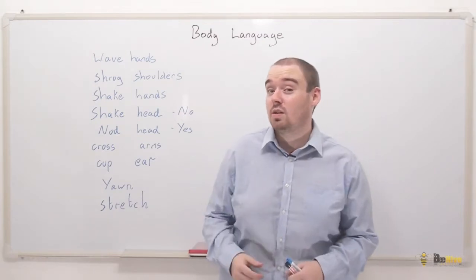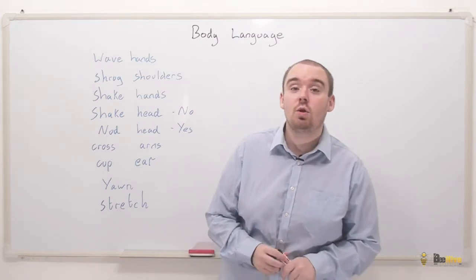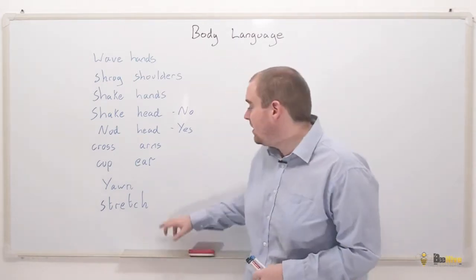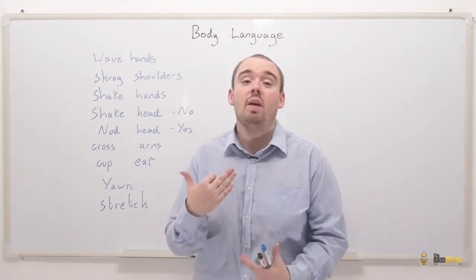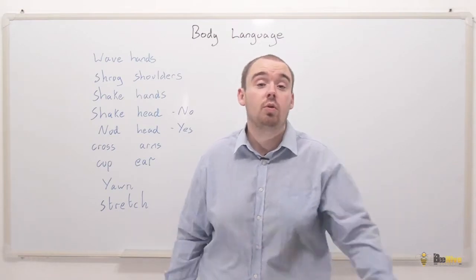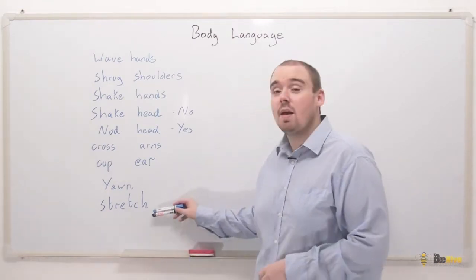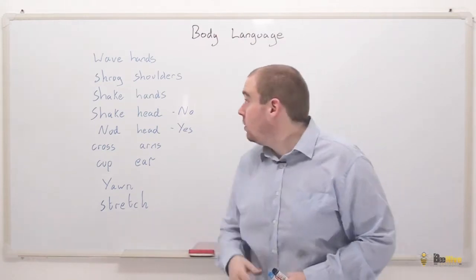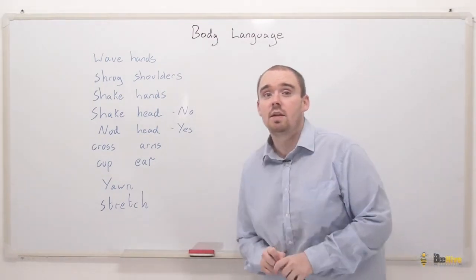So people will do this when they wake up, or when they've been sitting too long and want to move. You can tell someone is impatient, or they want to stop doing what they're doing and do something else, because they may stretch. Okay? So let's look at these again and practice a little bit.